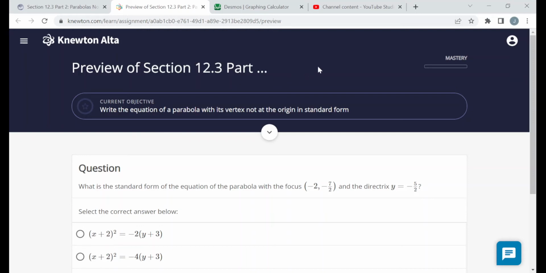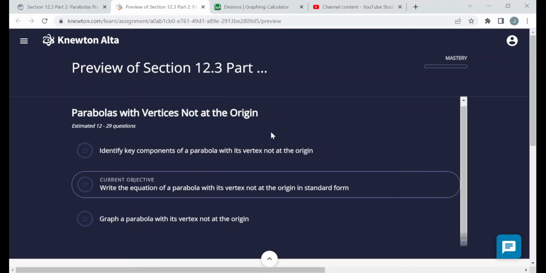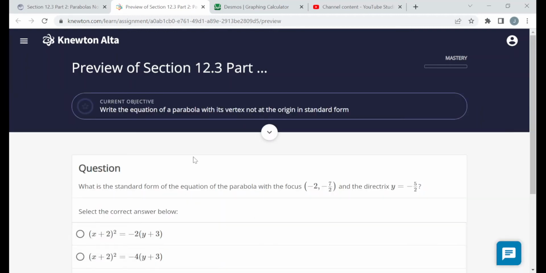Alright, so on the assignment page you should have the title, the mastery bar to tell you how far along you've gotten, and your objectives. Looks like there are 3 objectives for this assignment. Under the current objective should be a question related to that objective.